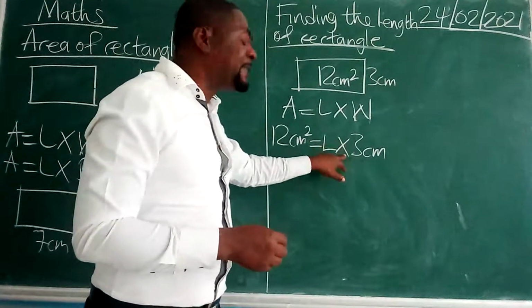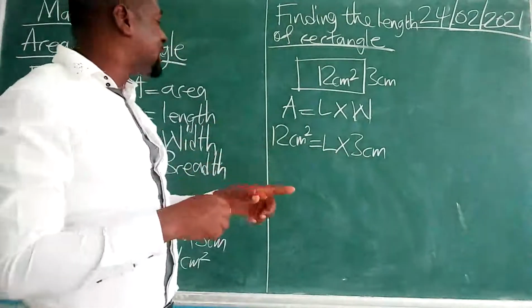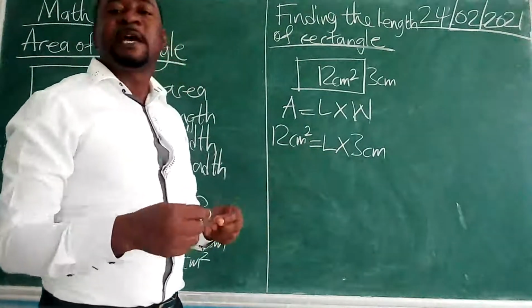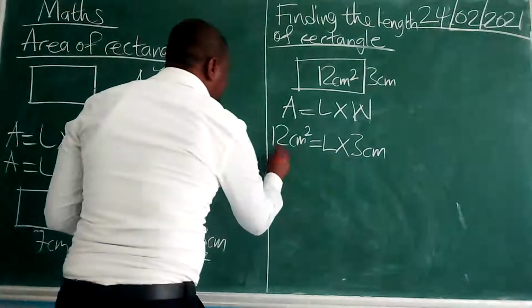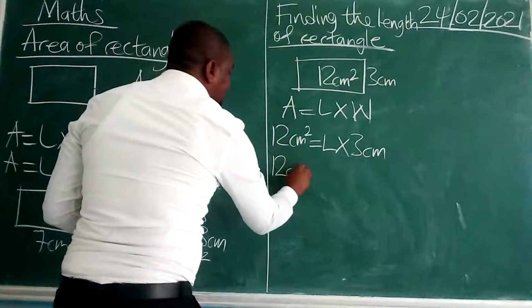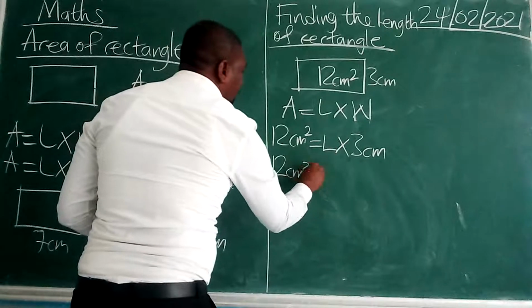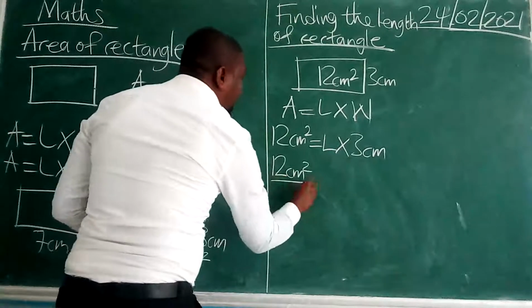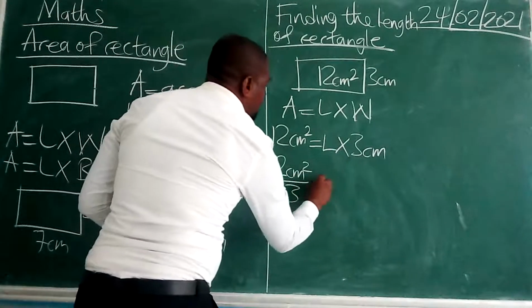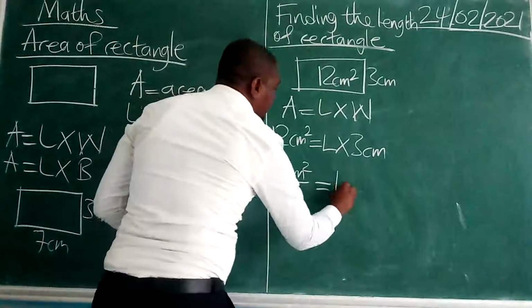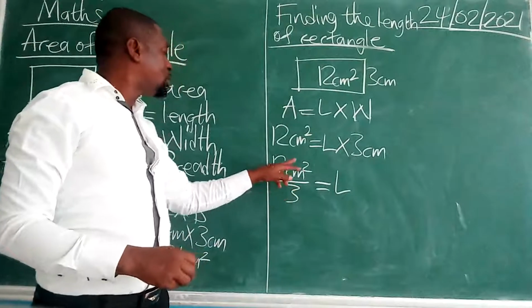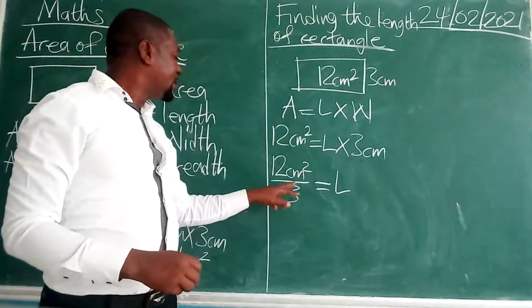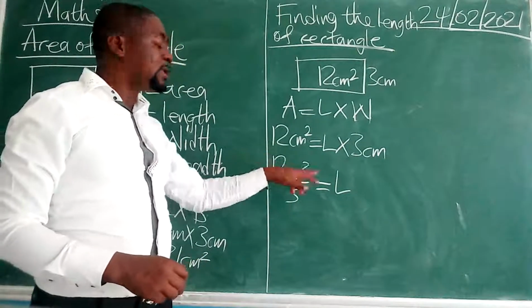If it is times here, when it crosses the equal sign, it becomes division. So here you are going to write 12 centimeters square over 3 equals to L.